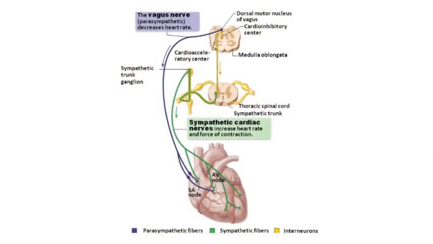So let's think first of all about the sympathetic division of the autonomic nervous system. The sympathetic division innervates the SA node, the AV node, and all of those contracting cells in the myocardium. So when we activate the sympathetic division of the ANS, it's going to cause the SA node to depolarize more quickly.